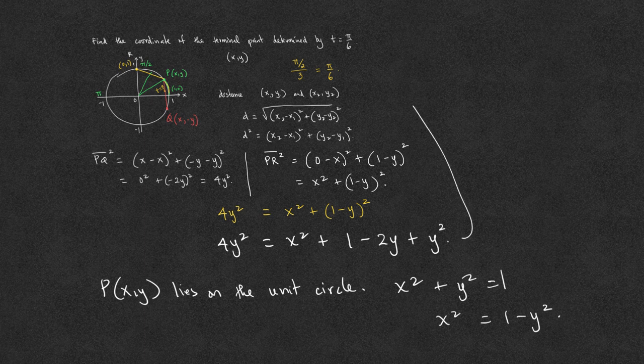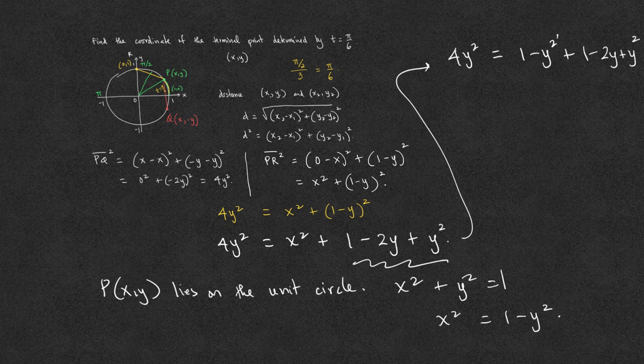Armed with this, we do a substitution. The equation is now 4y squared equals 1 minus y squared, plus we still have 1 minus 2y plus y squared.